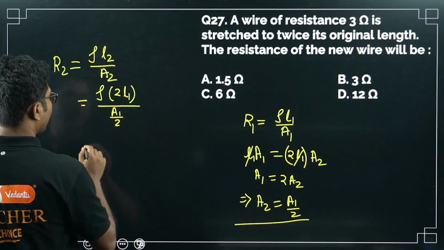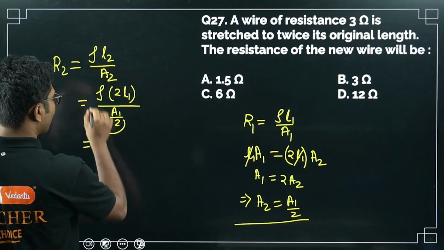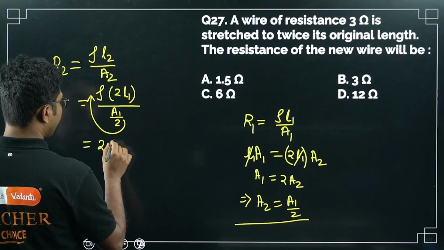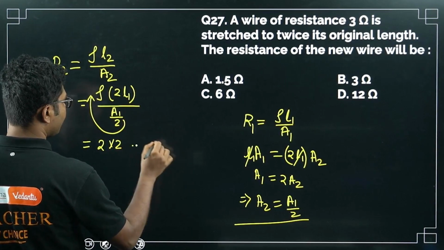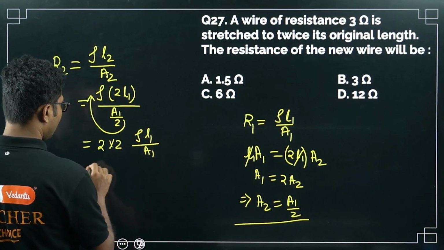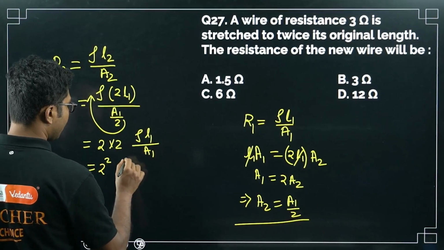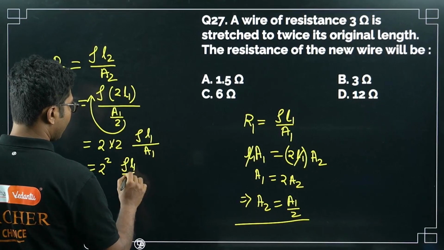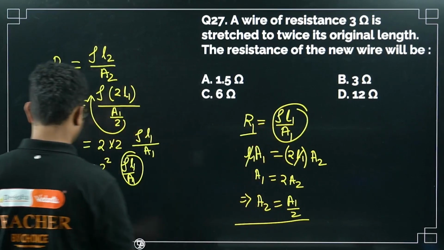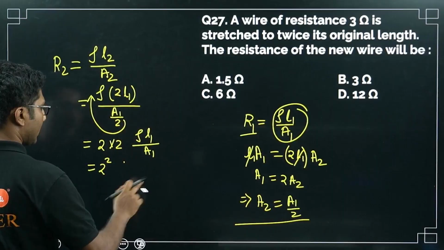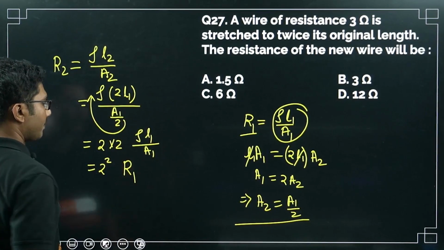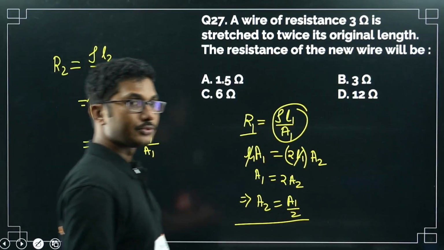So this 2 will go up, and it will be 2 times 2 rho L1 by A1, or you can write this as 2 square rho L1 by A1. What is rho L1 by A1? Rho L1 by A1 is R1. So you can simply write this as 2 square R1.